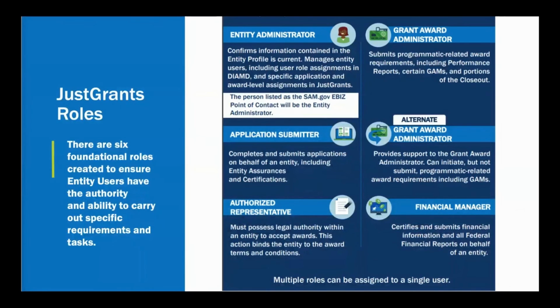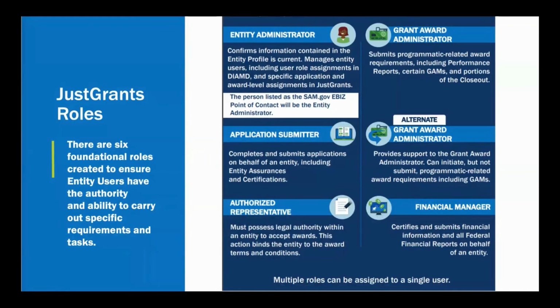Each new user can have one or more roles assigned based on the type of work that you do in JustGrants. In a large office, you may only be required to have one role, but in smaller offices, people often act as both a financial manager and a programmatic grant award administrator as well. So you can certainly double up these roles, or triple, or have as many assigned as you need.